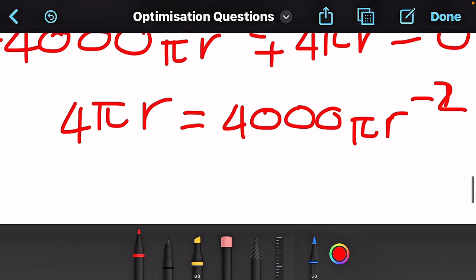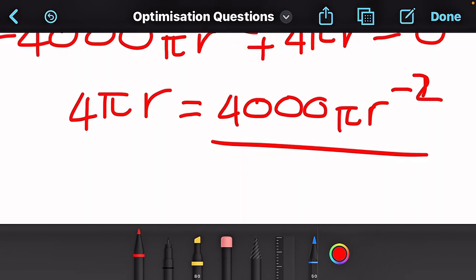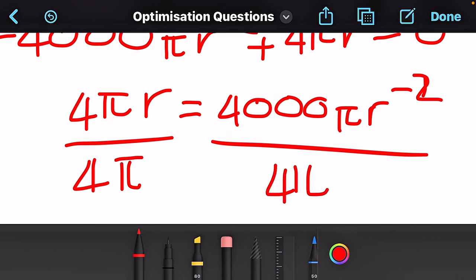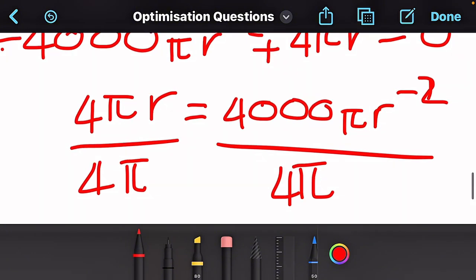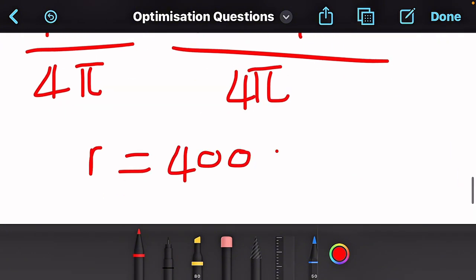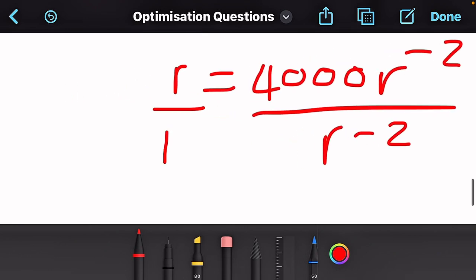Then we're going to divide by 4 pi. And then it's going to be r is equal to 4,000 r to the power of negative 2. And then we're going to divide by r to the power of negative 2.